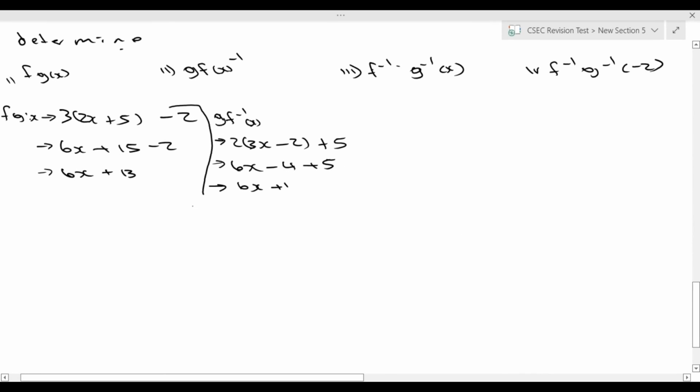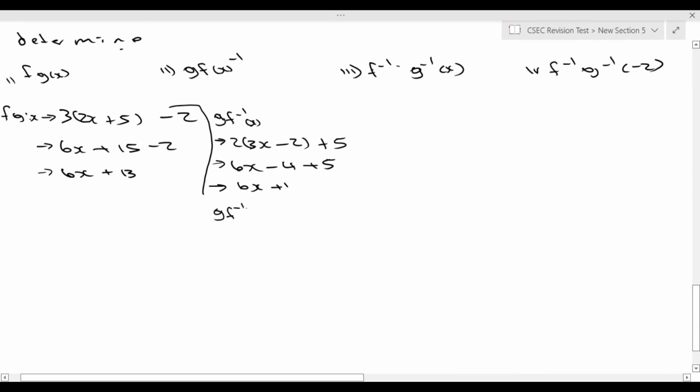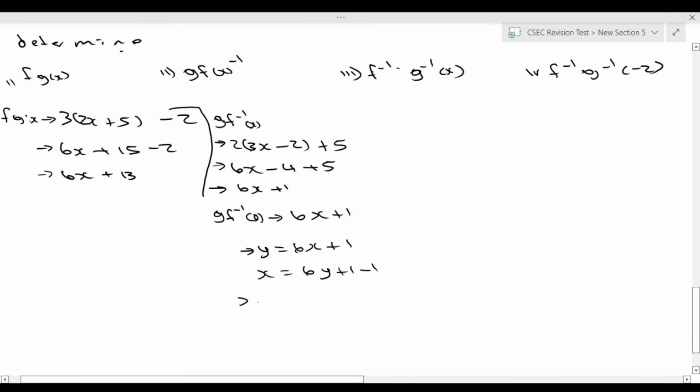We were then asked to find the inverse of that, which would be our g of f inverse of 6x plus 1. We are going to define it. y is equal to 6x plus 1. So x is equal to 6y plus 1, minus 1.